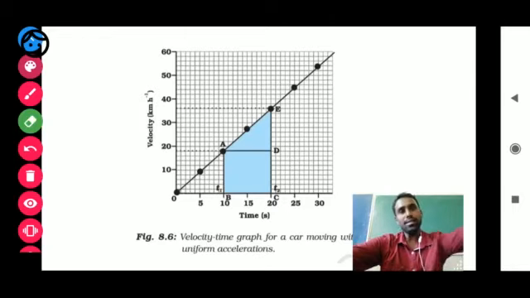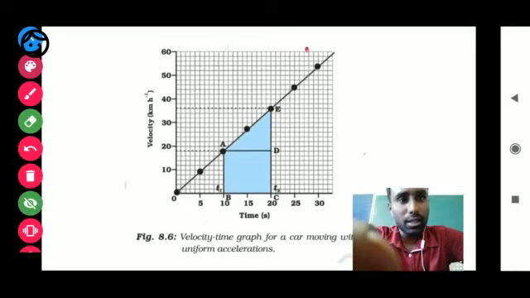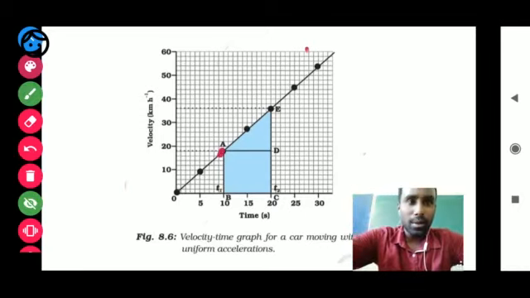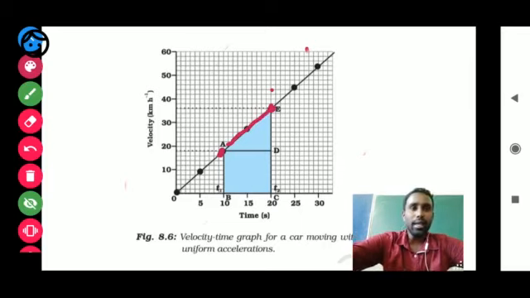For example, see here in the velocity-time graph, the point A is the starting point, and here I mention the point E, which is your final point. From A to E, when the object is going at uniform acceleration, that means it changes its speed or velocity uniformly with respect to time.